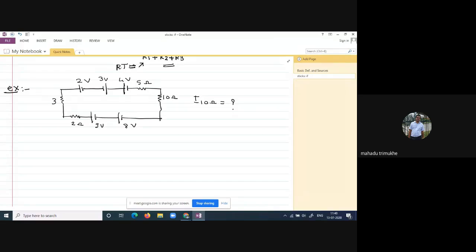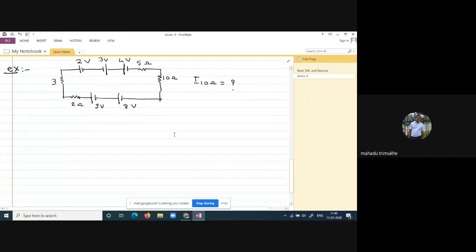What is the current flowing through the 10 ohm resistor? Are you getting my question or not? Yes, sir. Are you solving or not?